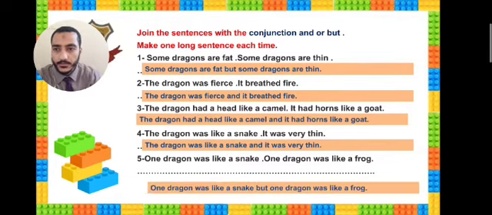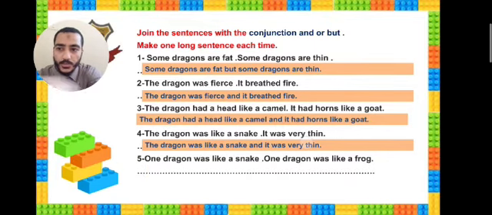The last one. One dragon was like a snake. One dragon was like a frog. What's the difference here? Snake and frog. Snake a little bit thin, frog a little bit fat.